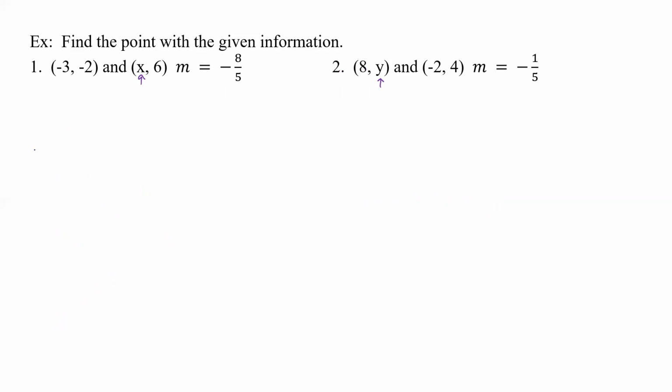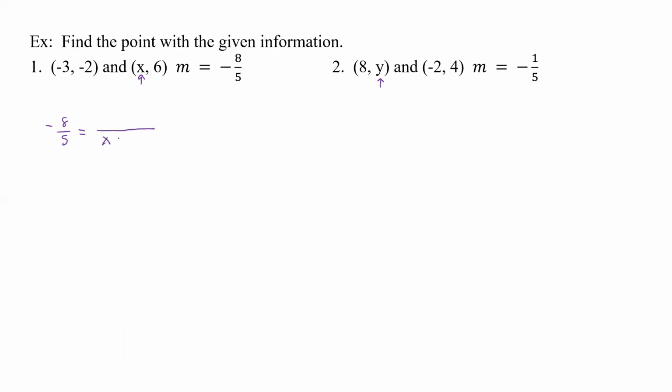So the first thing I'm going to do is maybe write my formula. So I'm going to say negative 8 over 5 equals, and now I'm going to keep a positive x. So I'm going to say x, and then, oops, I want the x on the bottom, not the top, so I better write it lower than that.